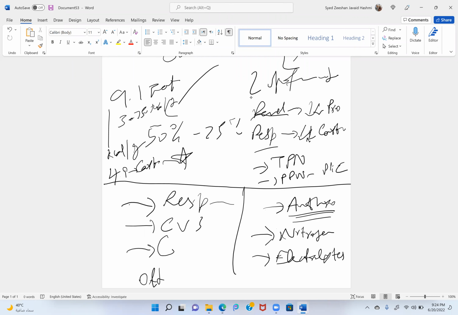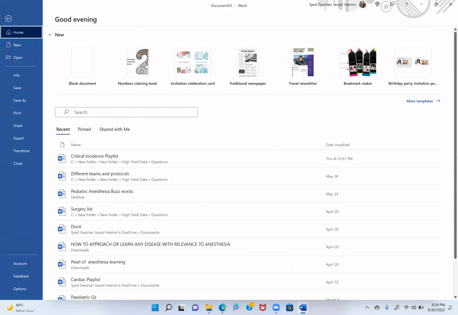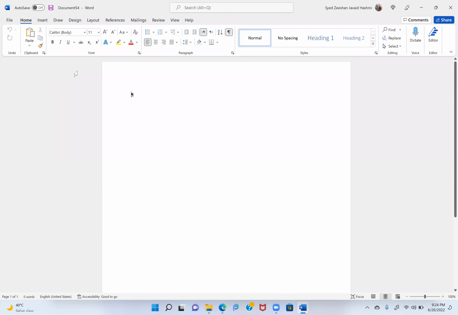But if you require extra proteins, you can keep them separate. We are not doing ICU, so if something is new in the data, they may ask this question. If something is new, you can say that there are some changes being made, but usually that's what we studied. It is something new for me as well. Okay.